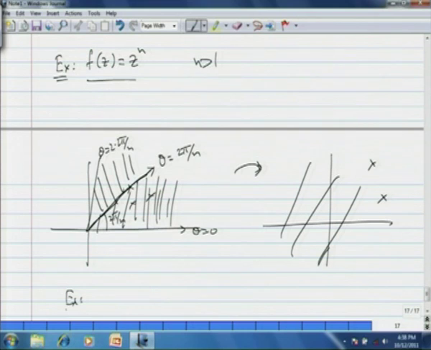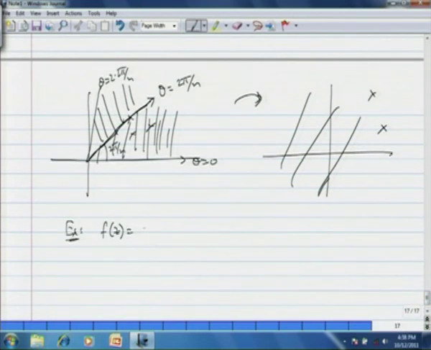For example, try the following: try to picturize f of z equals 3 z to the power 4. So, try to visualize f. This is an exercise.